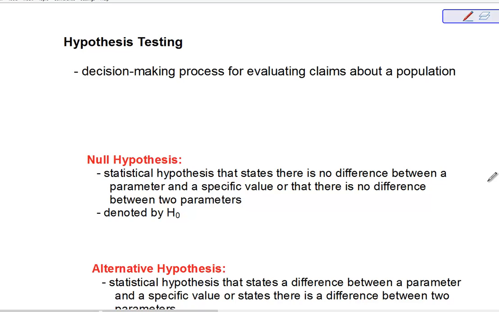This is actually the decision-making process for evaluating claims about a population. This is where we put everything together and actually do the inferential statistics and make inferences back about the population and actually make those decisions. Is it a good claim or is it not? So we need to go through a couple of items first.